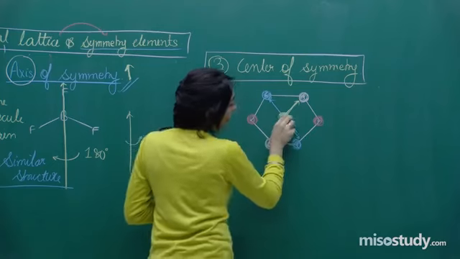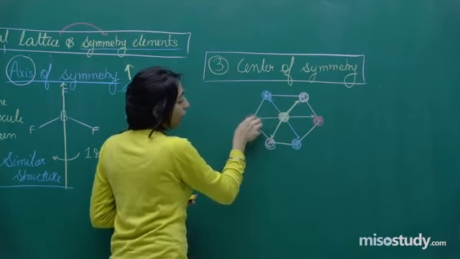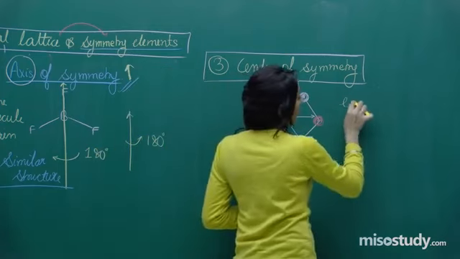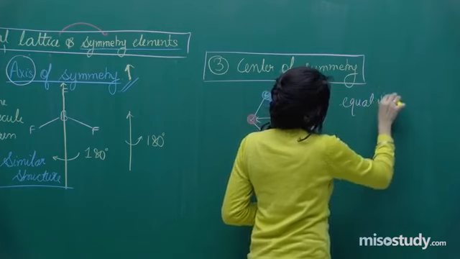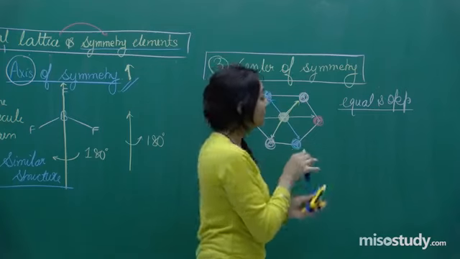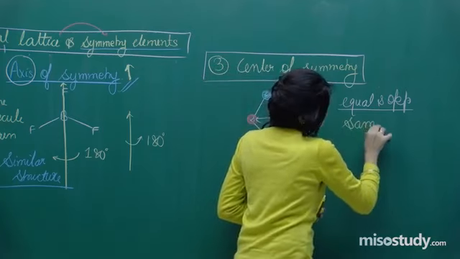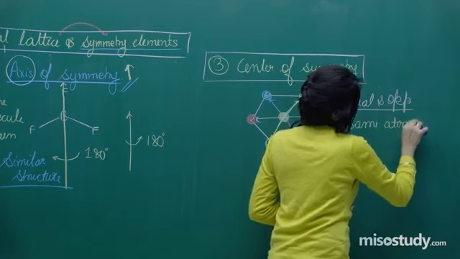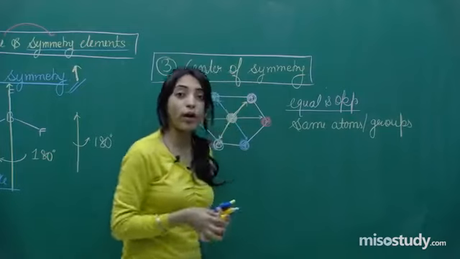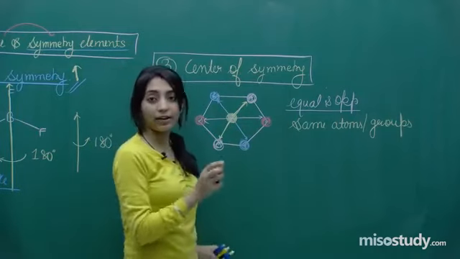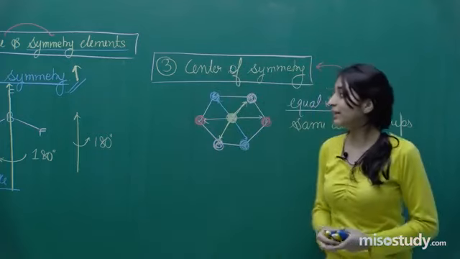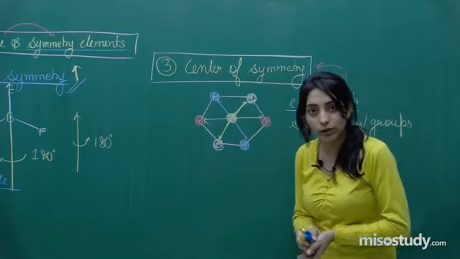Similarly, you go to the right, you get red atom. You come to the left, you get red atom. That means when you are moving equal and opposite, and if you encounter exactly the same atoms or groups, then we can say that the center of symmetry is present in the molecule.